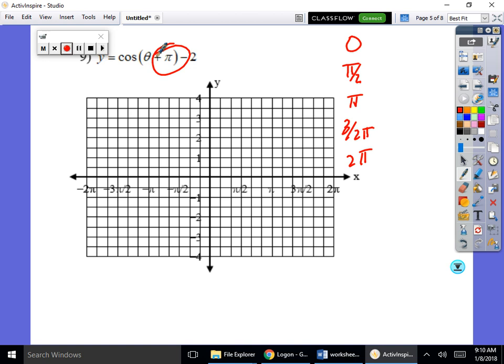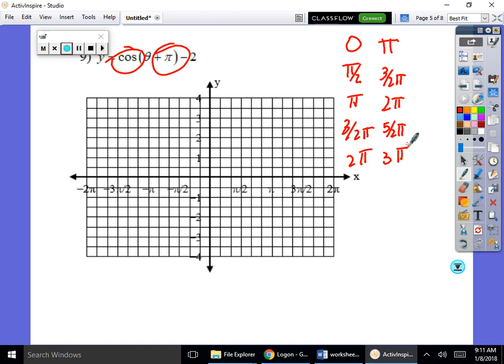Okay, so 0 plus pi is pi. Pi over 2 plus pi is 3 halves pi. Pi plus pi is 2 pi. Then 5 halves pi. And finally 3 pi. And I would calculate the cosine of each of these locations and then subtract 2. That is one way to do it.